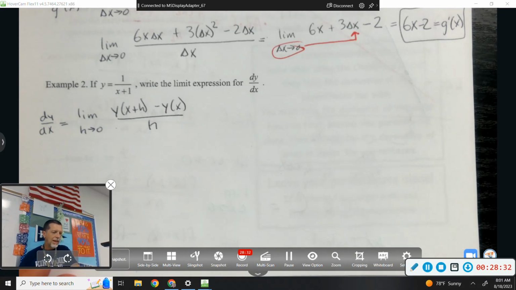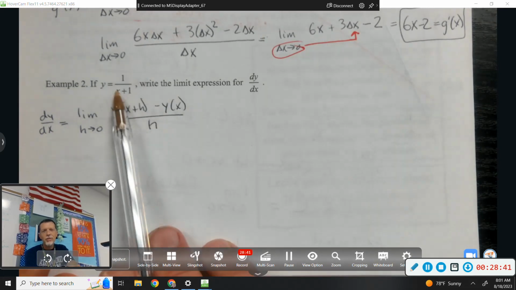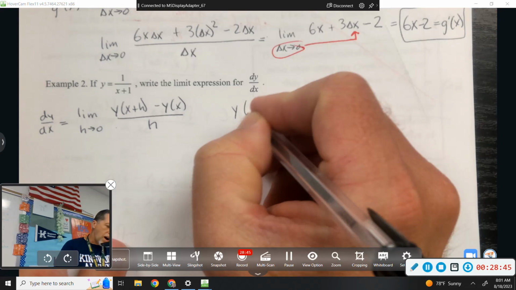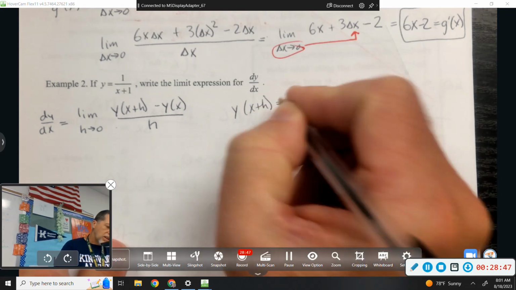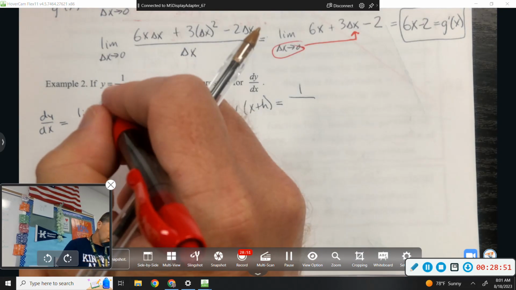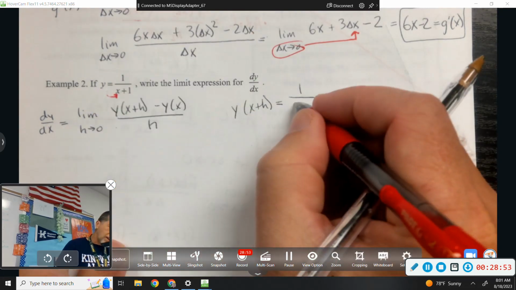Okay, right, the limit expression. Okay, well that's sort of right. That is a limit expression, but usually it's not a safe stop until you plug things in. So I do probably need to find y of x plus h. So that would be 1 over, in place of x goes x plus h.